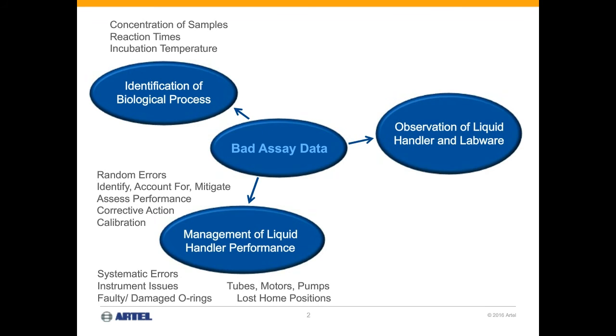And then you finally want to look at your liquid handler and the labware. The labware can make a huge difference as to whether your assay is successful. I have found that some labs will use third-party labware, so it could be Fisher or VWR branded, as in the States.